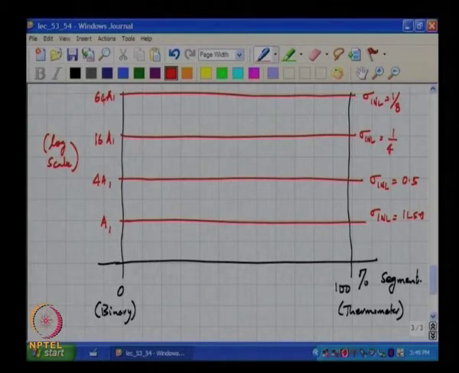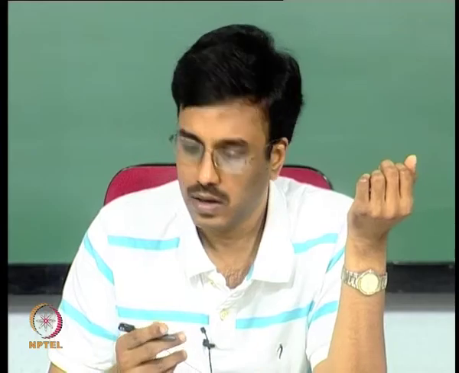All right. Now, let us see what happens to the DNL. Clearly, to achieve a given sigma DNL, the area must be a function of the percentage segmentation, correct.